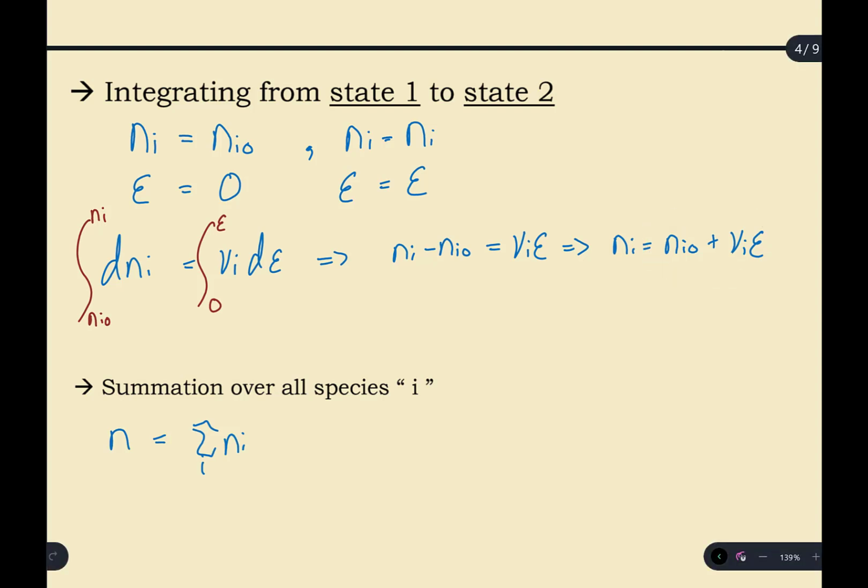For each one, it's equal to this equation, so we plug that in. We get the summation of all the initial moles, n_i naught, plus the summation of the stoichiometric numbers times the coordinate. The coordinate is constant, so I can factor it out.